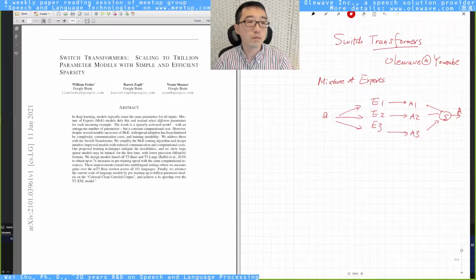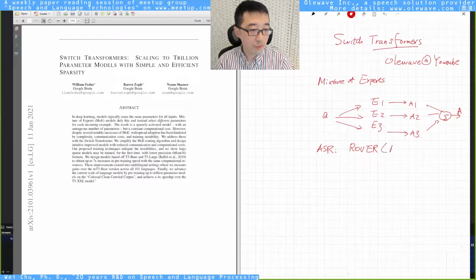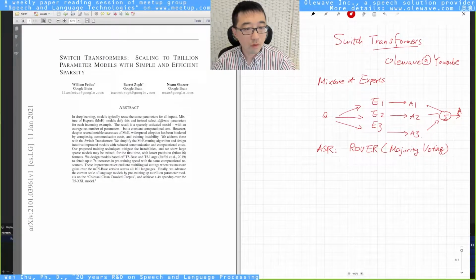The strategy could be, in speech recognition, there is something called ROVER. I forgot what ROVER stands for, but it basically means the authority. Here's the same thing, a mixture of experts.